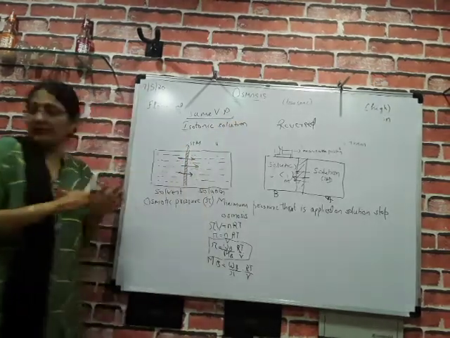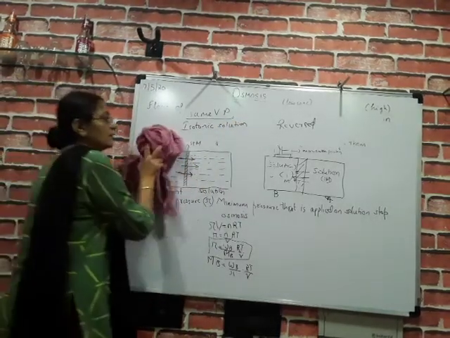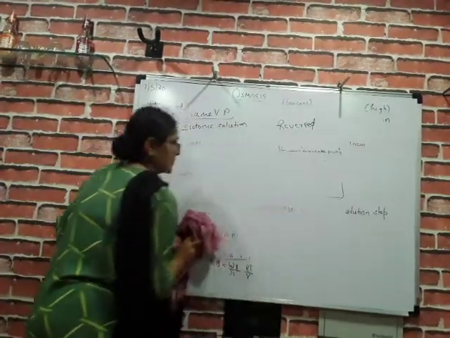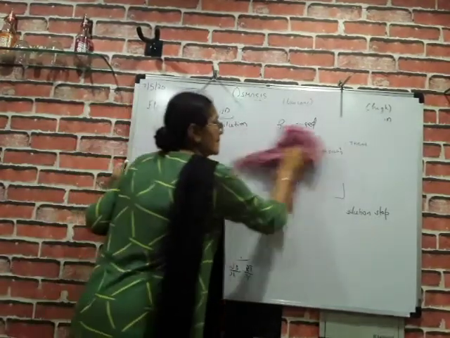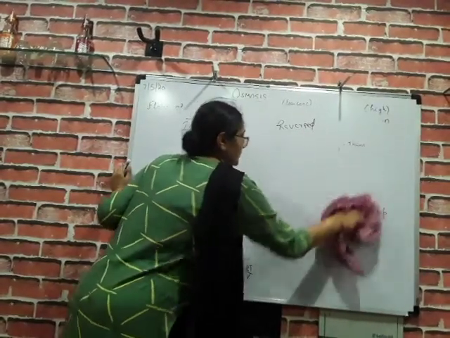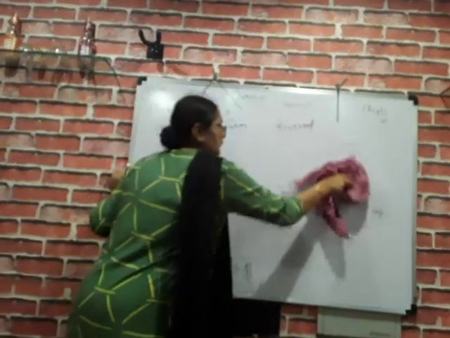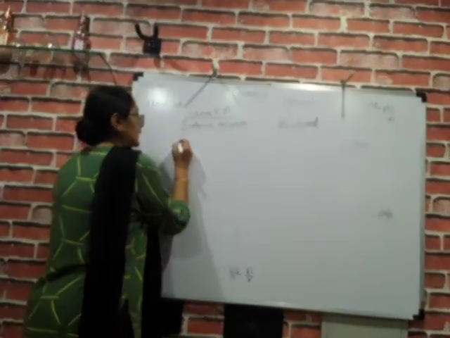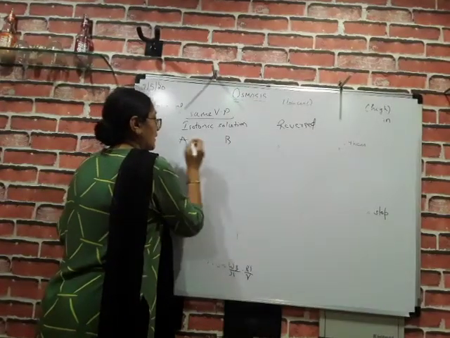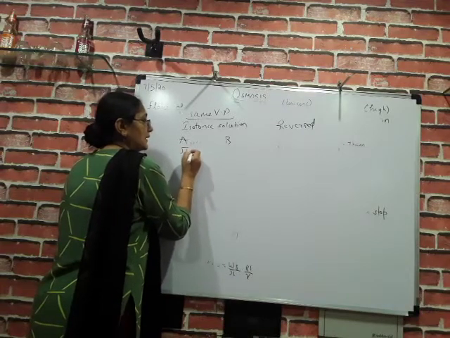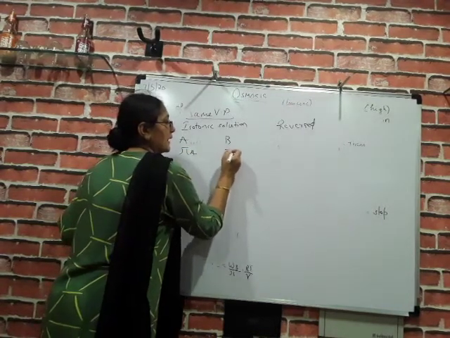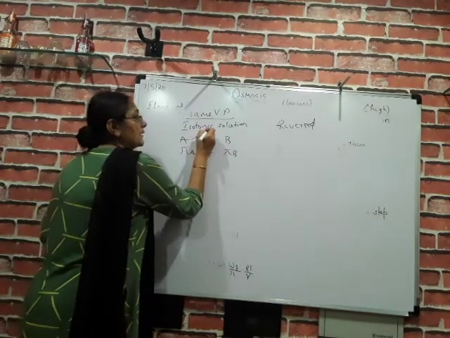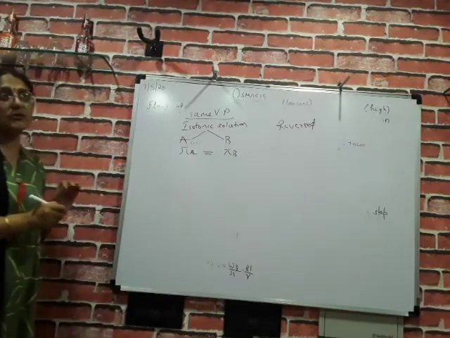And in that case, you just observe pi 1 equal to pi 2. Suppose the solutions are A and B. Their osmotic pressures are pi A, pi B and it is the same. तो A और B solution को आप कहेंगे isotonic solutions.